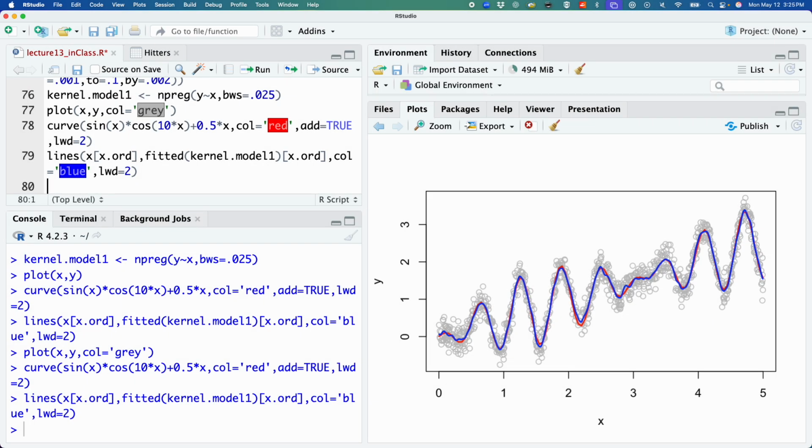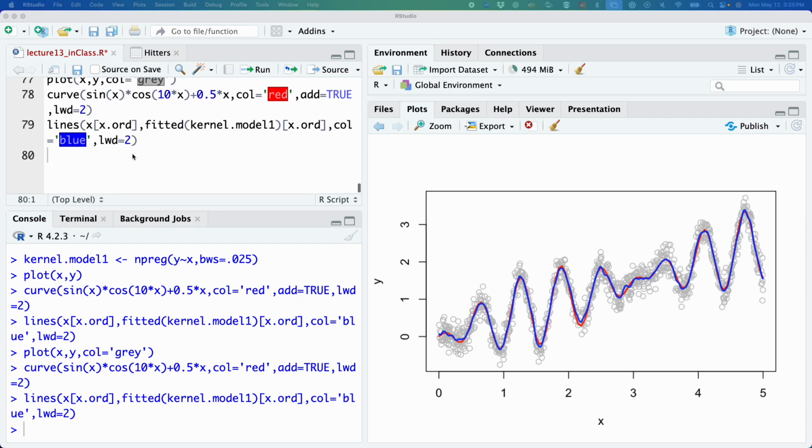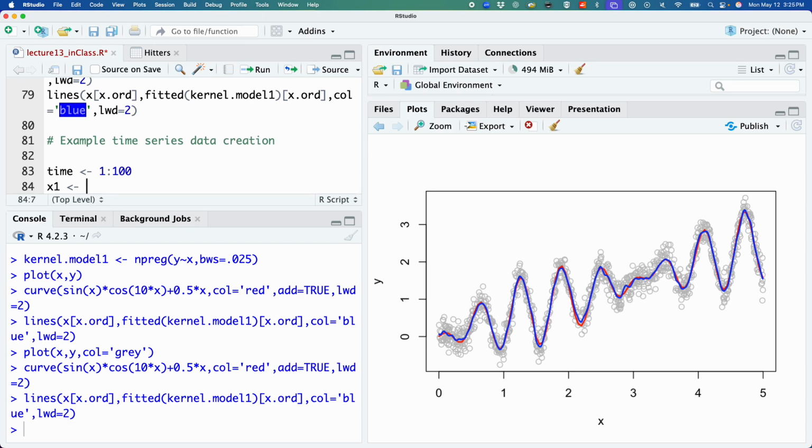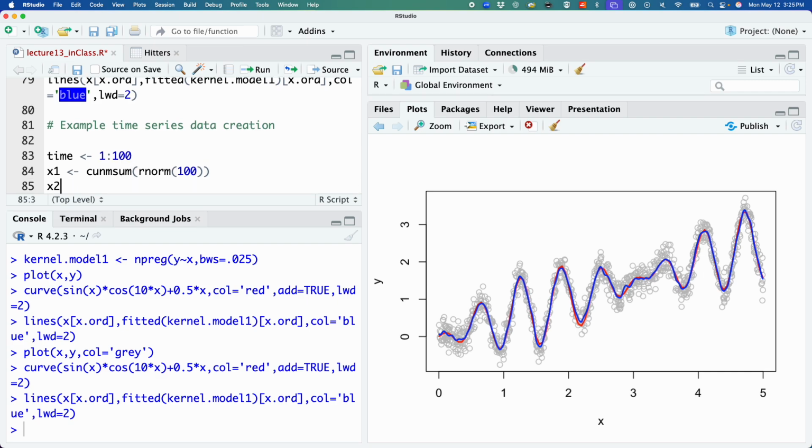Okay, so let's do an example of this. Example time series data creation. We'll have time 1 to 100, x1 as the cumulative sum of r norm 100, x2 as the cumulative sum of r norm 100.